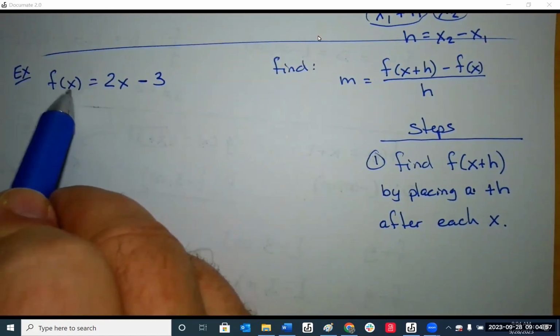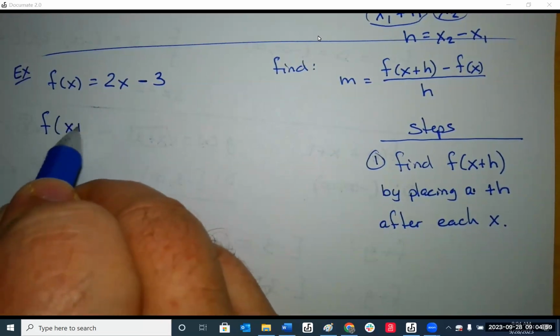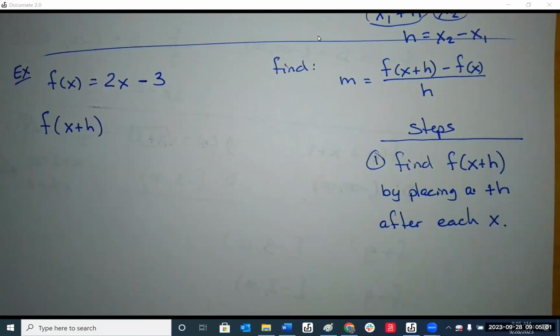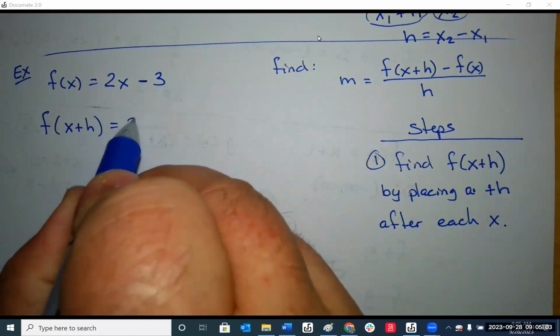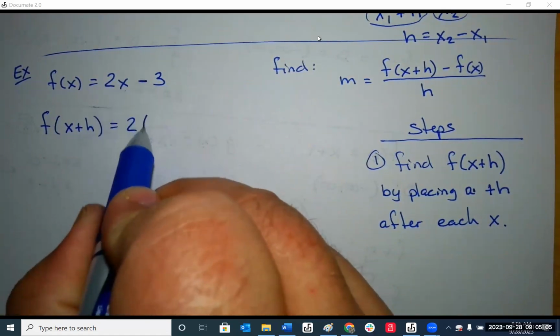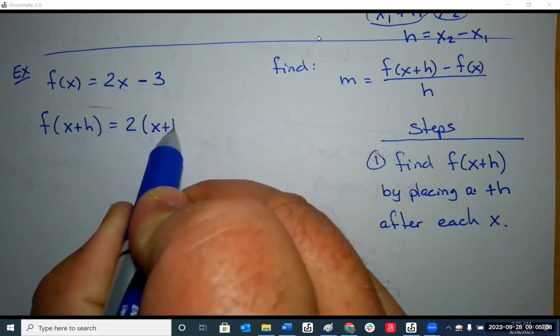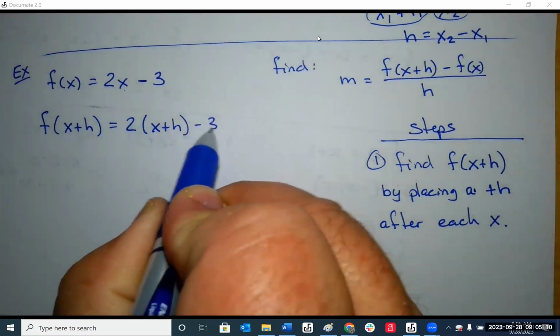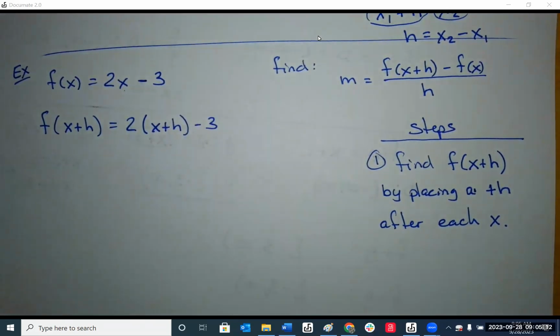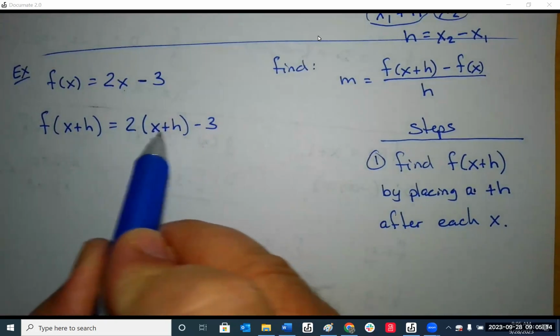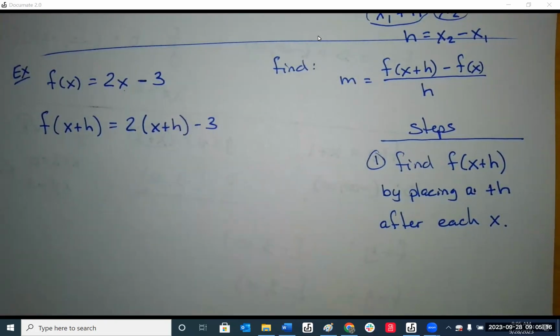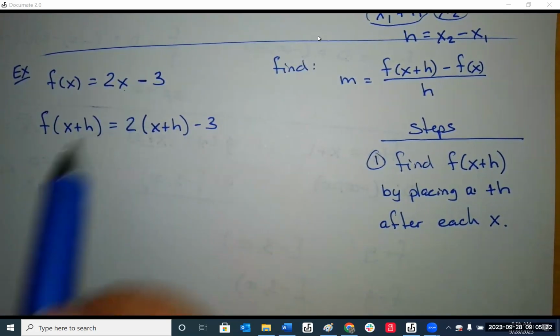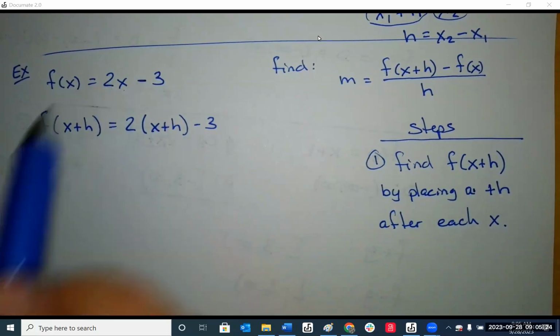So there's our first x. I've put a plus h behind it. There's a second x. I put a plus h behind it. Now, remember, since it's an equation, x plus h, I have to put it in parentheses. It's not 2x plus h, it's x plus h times 2, because this is x times 2.